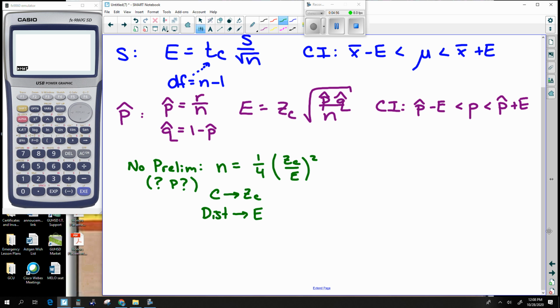They do give you a preliminary estimate. All right, then your minimal sample size is going to be the probability times the failure times ZC divided by E, squared. Okay, so what should the probability be? So there's all of that.